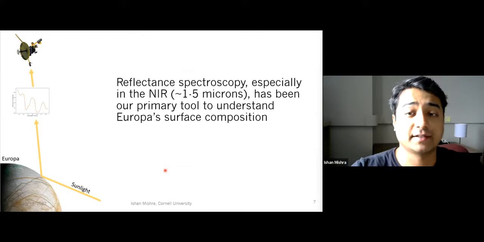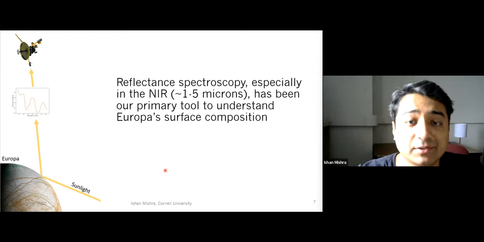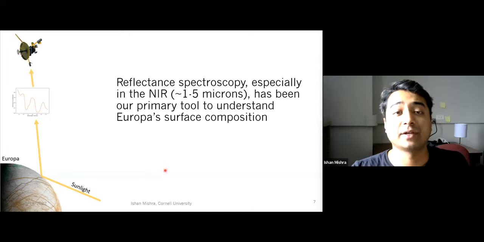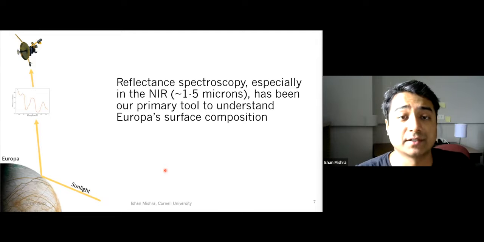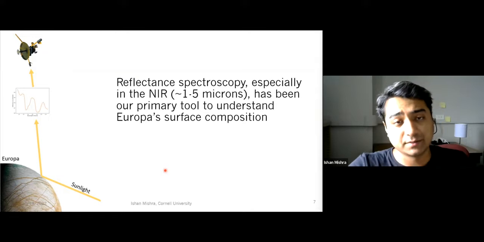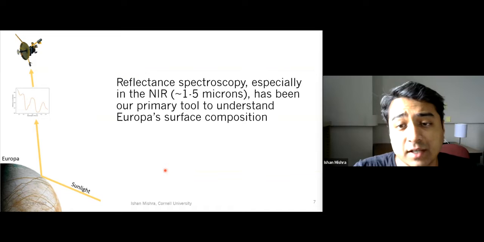And all the data that I showed just now was reflectance spectroscopy data, which has been our primary tool to understand Europa's surface composition. Specifically the 1 to 5 microns region, most of the spacecraft that have taken data of Europa's surface have an IR spectrometer that spans this region. And it's important because it has a lot of fundamental molecular absorptions.